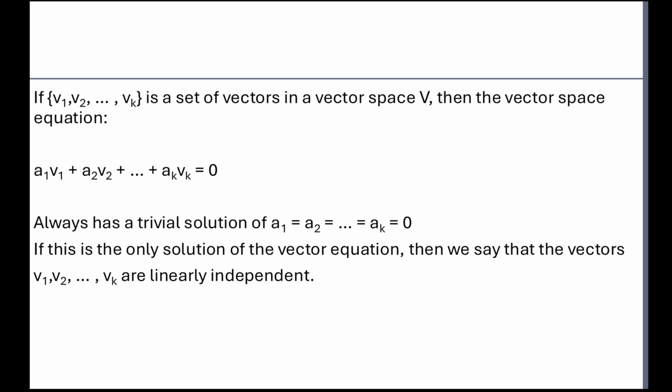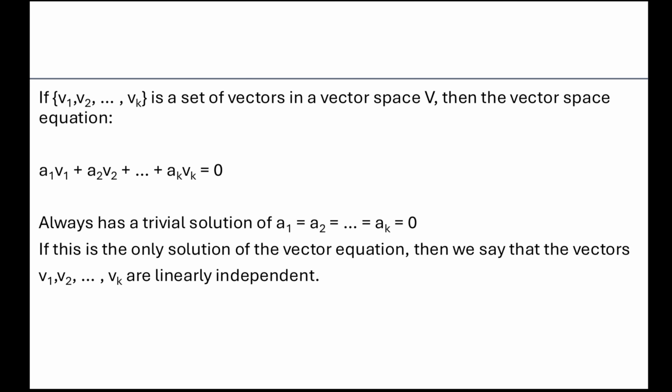We always have a trivial solution where all of these coefficients a1, a2, all the way up to ak are 0, and the equation is met. If this happens to be the only solution for this vector equation, then we say the vectors v1, v2, all the way up to vk are linearly independent.